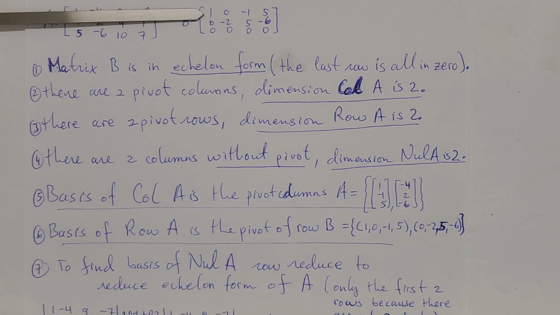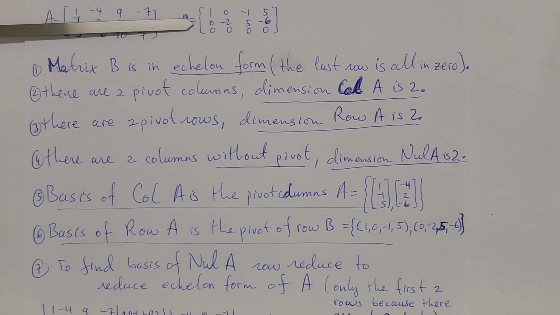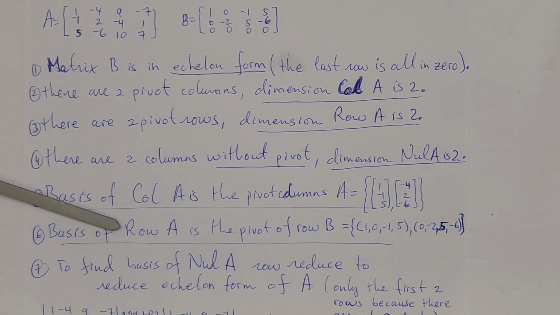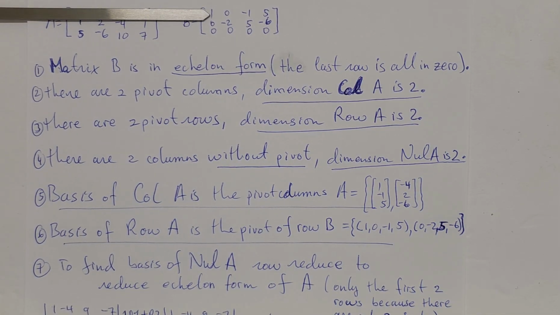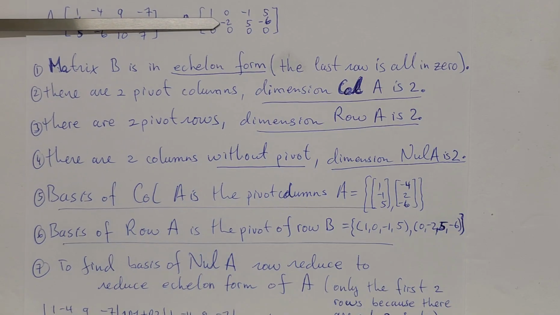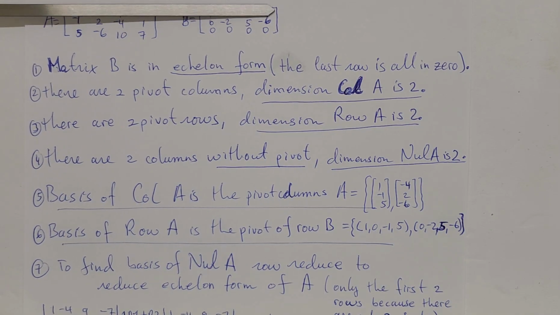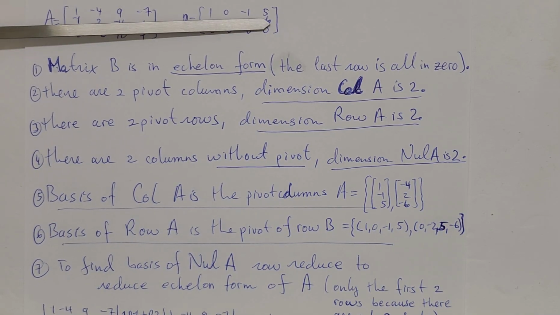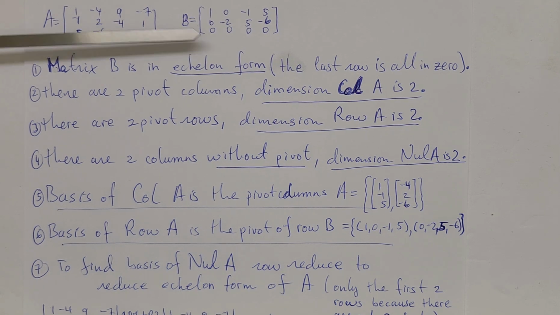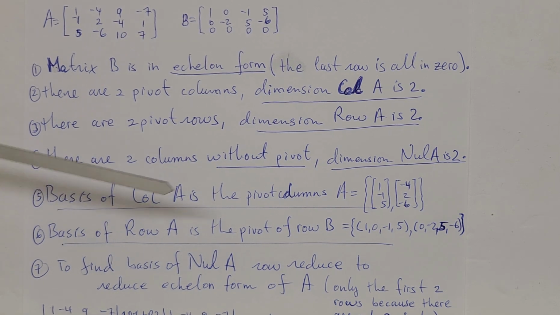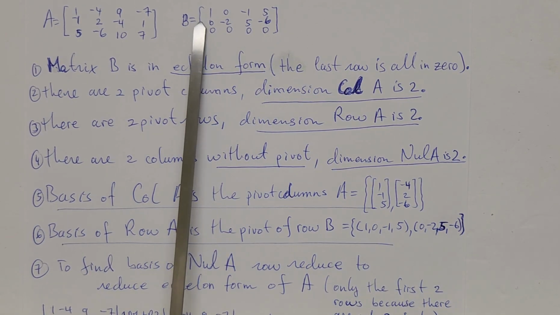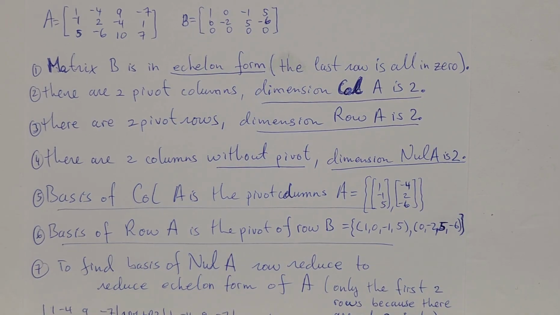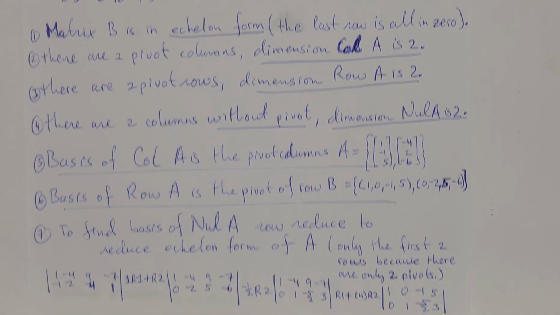So the first row and the second row are the basis of row A, which I wrote here: 1, 0, negative 1, 5, which is this row right here, and 0, negative 2, 5, negative 6, which is this row.